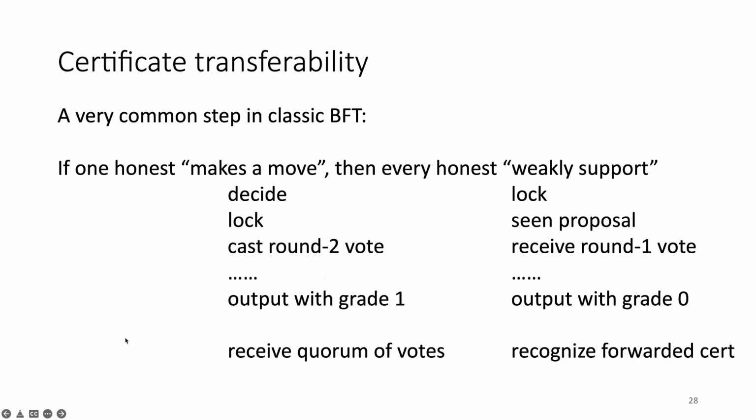You will recognize that, yes, indeed, that is a quorum of votes, so my action is justified. You are receiving these votes from me, so you don't receive them at the same time as I do. Therefore, you don't make the strong move, you don't take the strong action, but you will be convinced that when I say I make the move, I'm not lying. So you should weakly support my action.